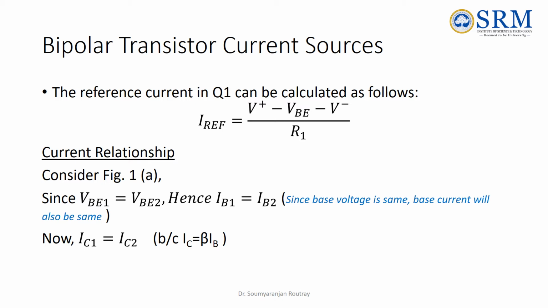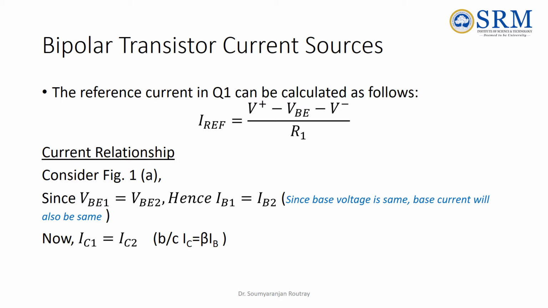Hence, IB1 will also be same as IB2. Since the base to emitter voltage is same for both the transistors, we can say that base current will also be same because both are shorted, and directly the collector of the transistor Q1 is connected to the base. So the current that comes from the collector will be equally divided because both the transistors are identical.